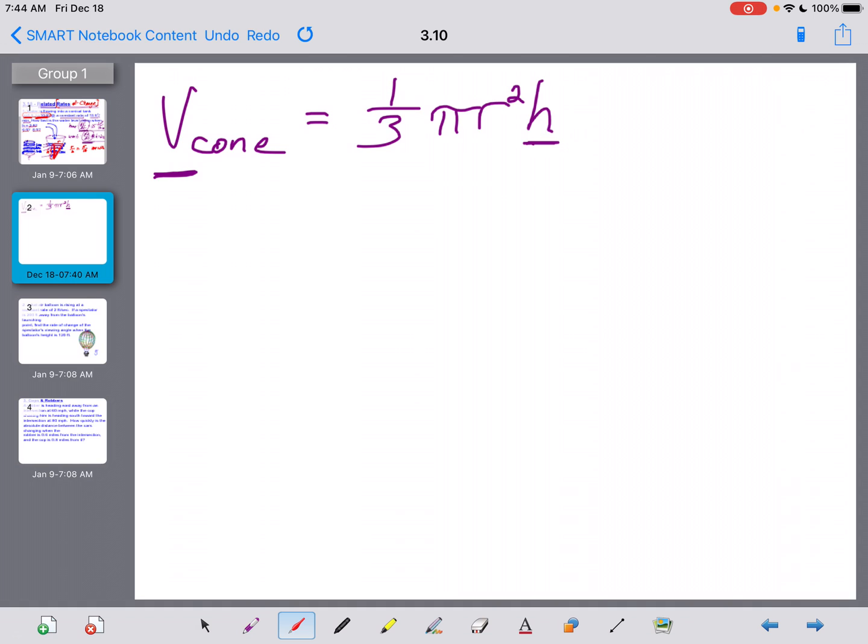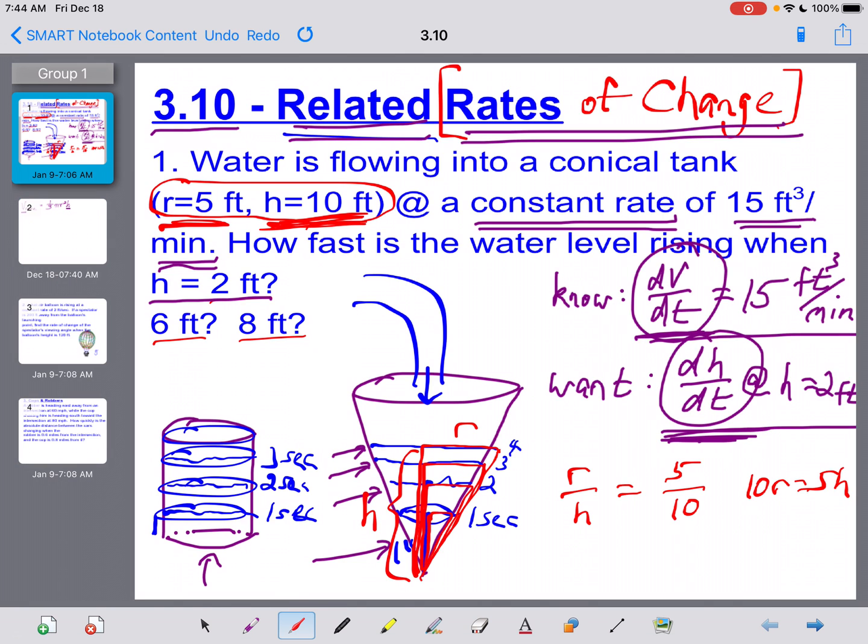We're not asked to find dr dt. So we've got to get rid of R. That means we solve this equation here for R by dividing both sides by 10. And we're going to get radius is always equal to, and that 5 over 10 is going to be a 1/2 h. Box that quantity up, everybody, because that is really important.